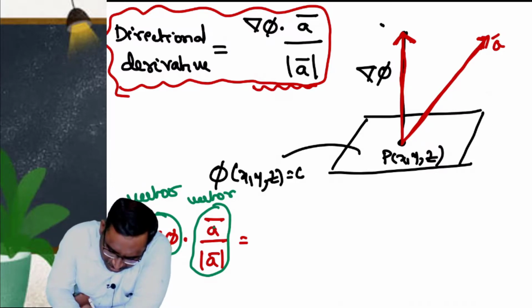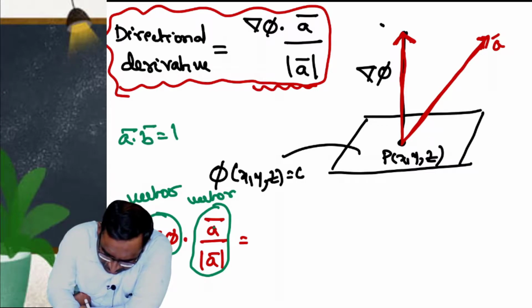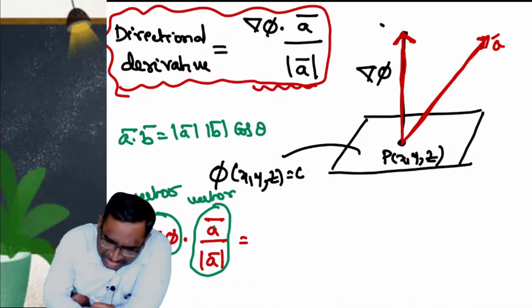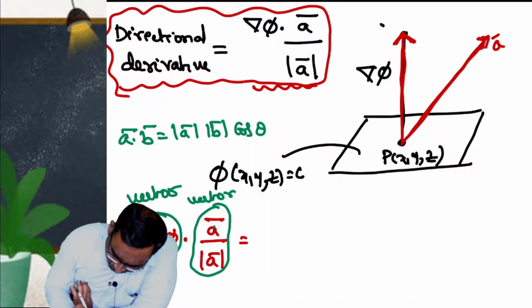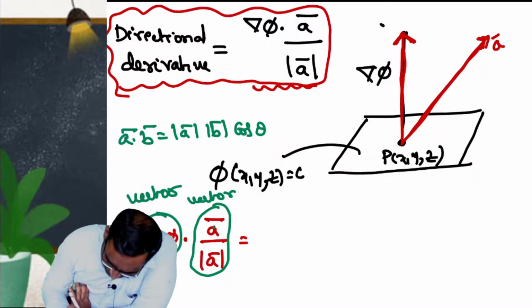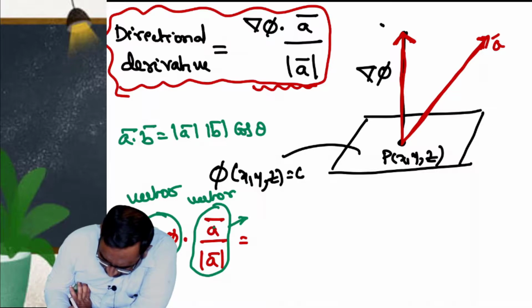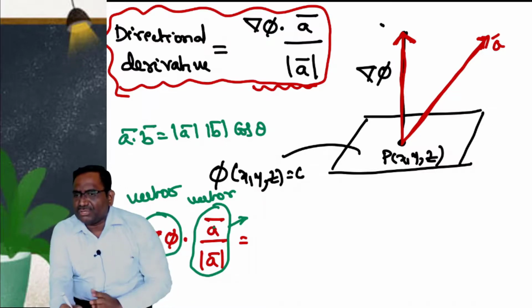What is the A bar dot B bar formula? A bar dot B bar is equal to modulus of A bar, modulus of B bar, cos theta, where theta is the angle between these two. By the way, what is A bar by modulus of A bar? A vector divided by its magnitude is called a unit vector.